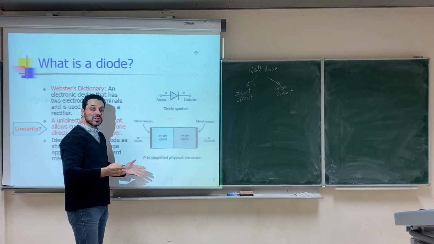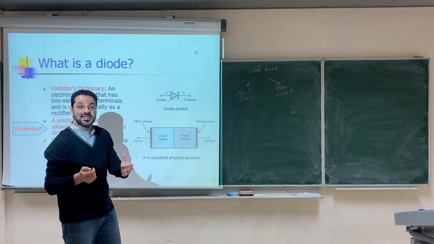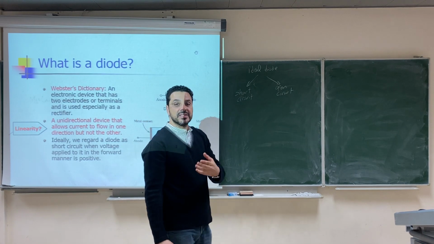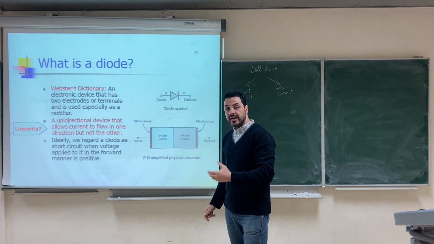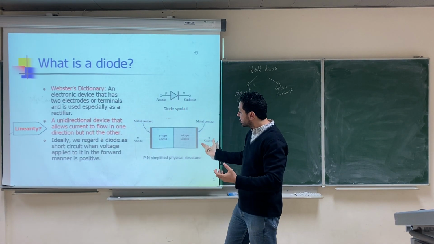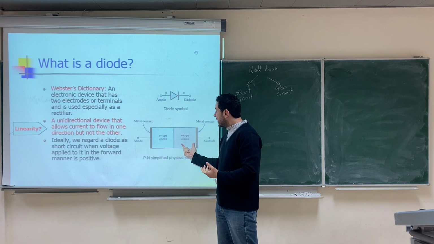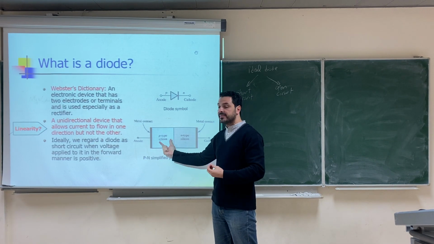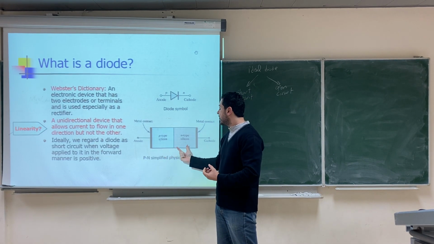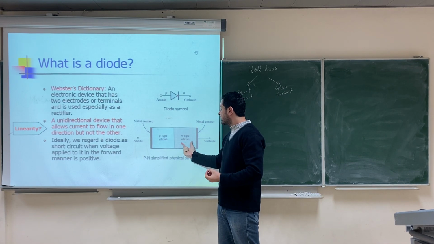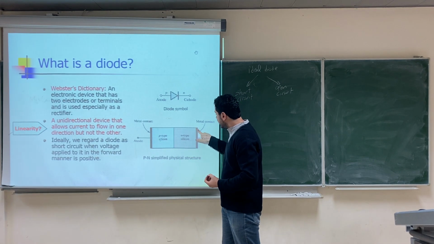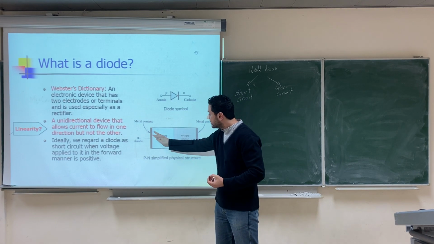It's a semiconductor device, and I will introduce the physical operation and the physical structure of the diode later. However, just for now, it consists of two types of silicon, p-type silicon and n-type silicon, connected together, and then there is a metal on the sides.